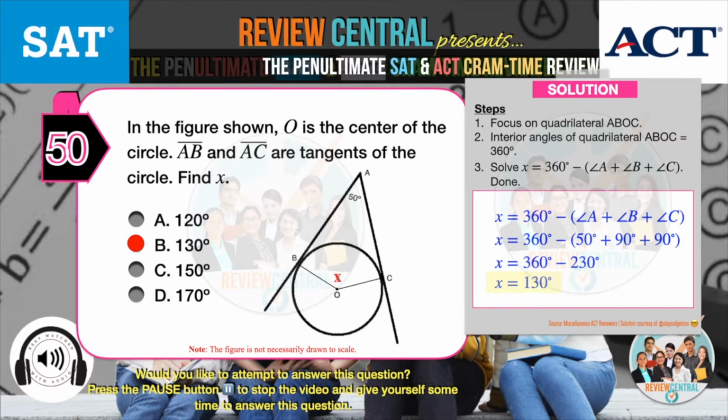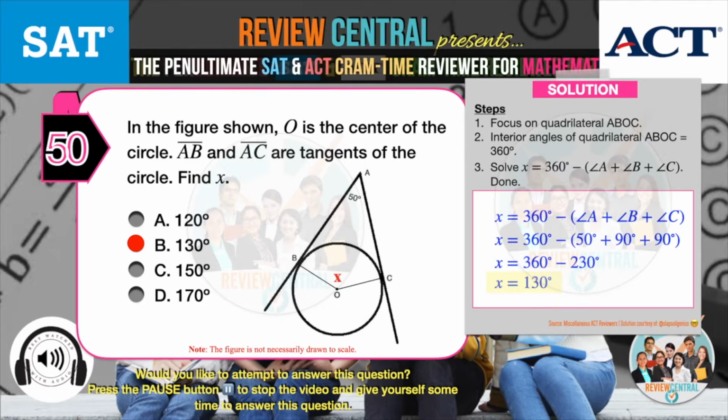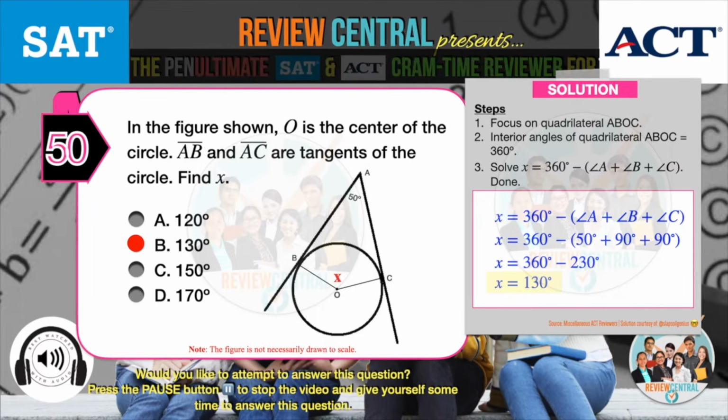Angles B and C must be both right angles or 90 degrees each, since by definition, any line that is tangent to a circle is perpendicular to the radius of the circle at their point of intersection, which is at the point of tangency. Therefore, angle X is simply equal to 360 minus the sum of angles A, B, and C, or 360 minus the sum of 50, 90, and 90 degrees. That's 360 minus 230, or 130 degrees.